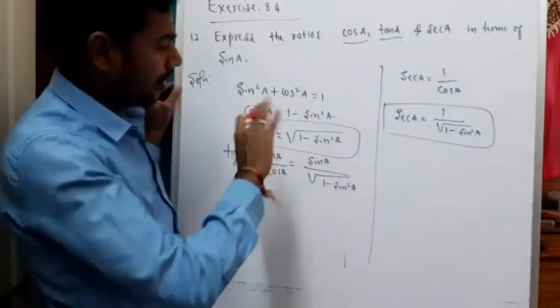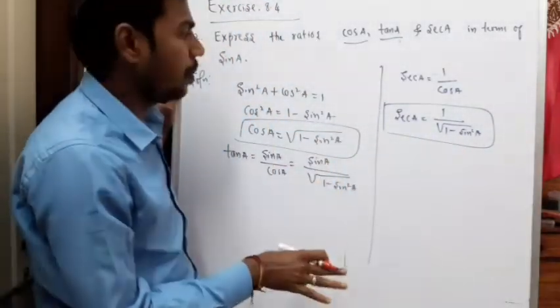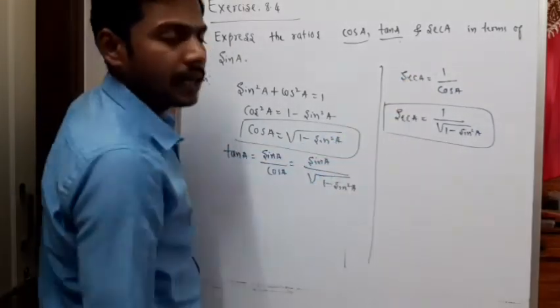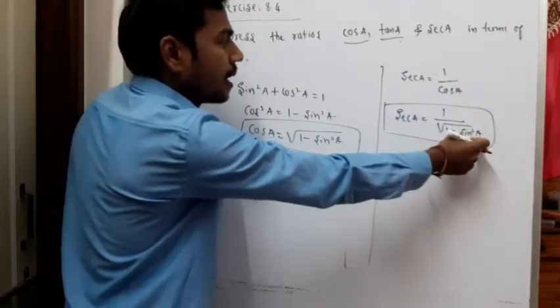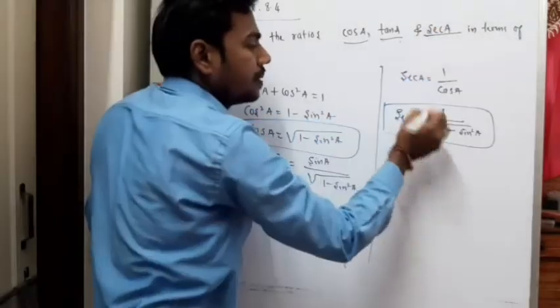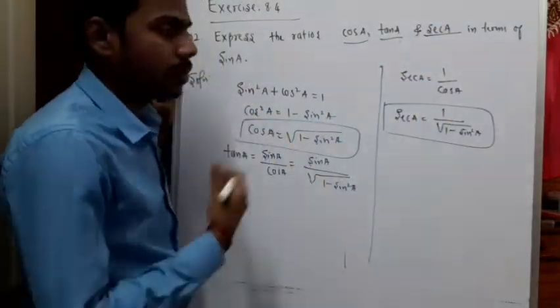How you rearrange the things is very important. Secant A can be written as 1 by cos A, and instead of cos A, we can write root of 1 minus sin square A. So even we expressed secant A in terms of sin A. Please note this down.